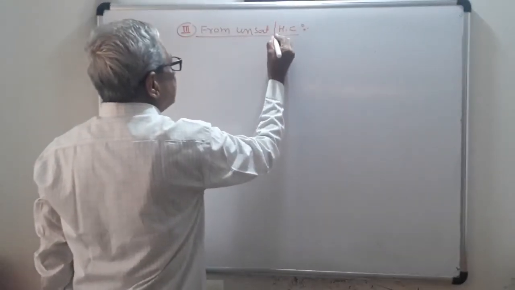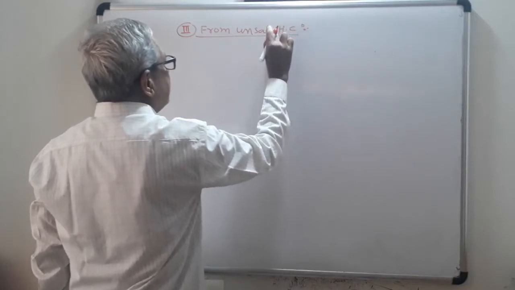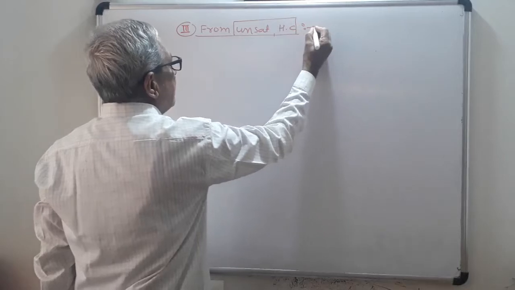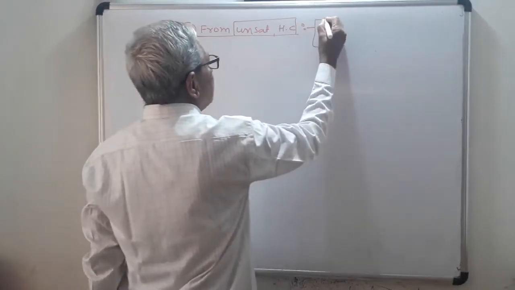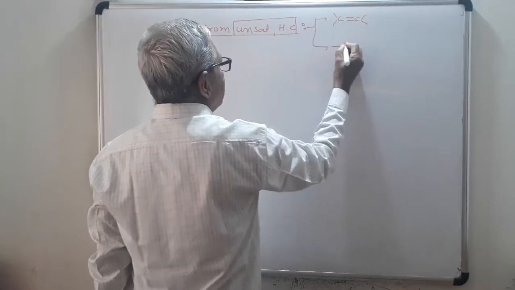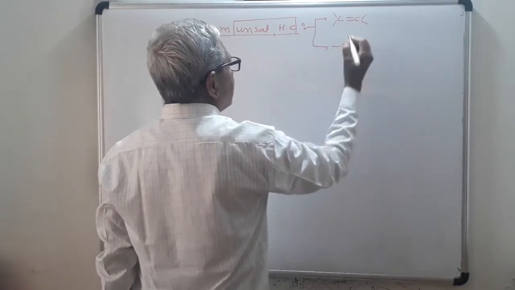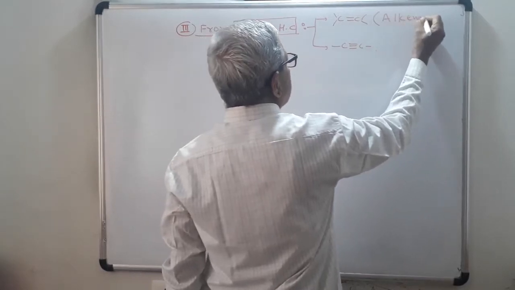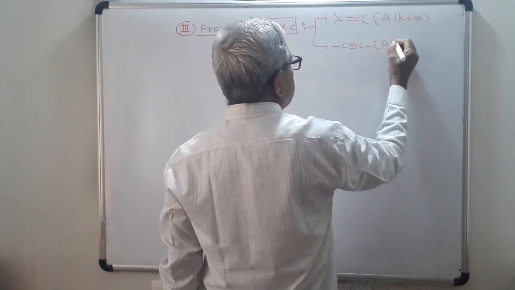Now I will set the question on the title unsaturated hydrocarbons. Unsaturated hydrocarbons contain a carbon-carbon double bond or a carbon-carbon triple bond. You learned this topic in 11th standard. One is alkene and the second is alkyne.